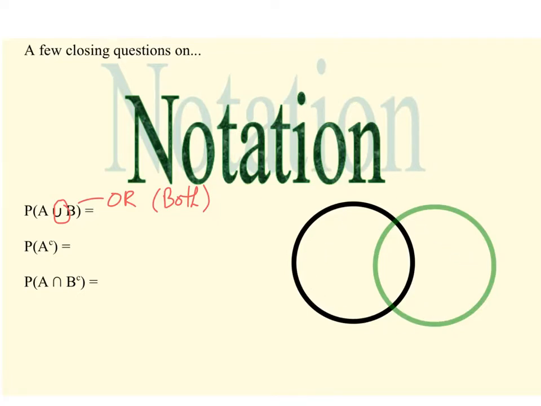The little c means not, okay, not A. So the bottom part, probability of A and not B. Okay, so A and not B. The upside down U means and.